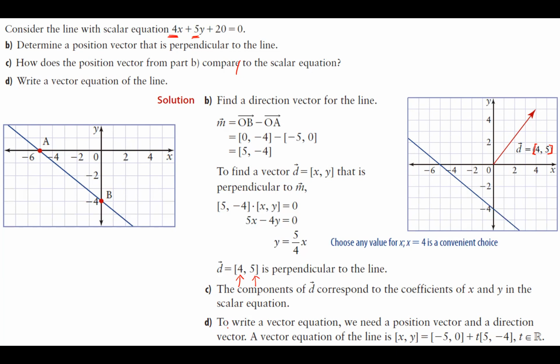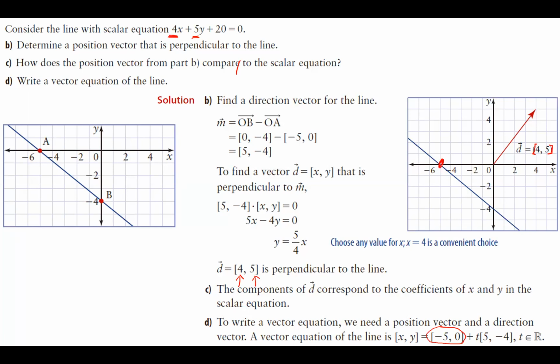Okay, last question. To write a vector equation, we need a position vector and a direction vector. We know a vector equation of this line is given by (x, y) equals -5, 0. That's a position vector of a point on this line, right?